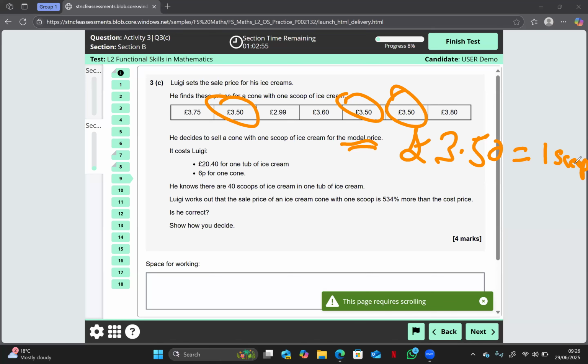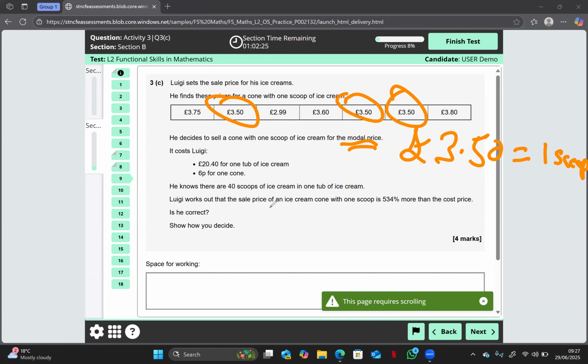Oh, okay, so it costs Luigi £20.40 for one tub of ice cream and 6p for one cone. So for one tub it costs him £20.40. He said there were 40 scoops within one tub.